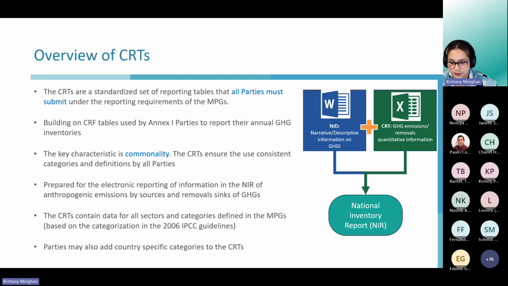This is one of the mandatory elements for all parties, and they build on the common reporting format tables, which Annex 1 parties under the UN Climate Change Convention have been reporting for many years to report their annual GHG inventories.